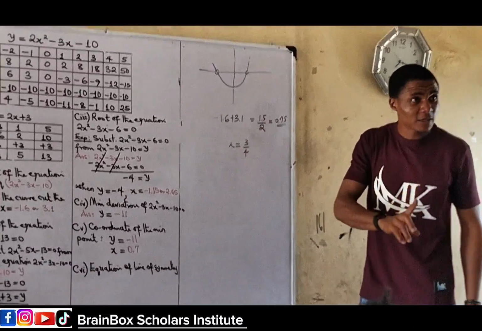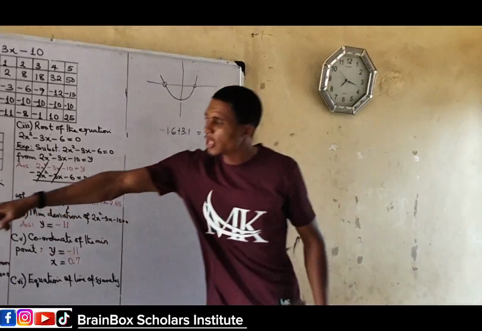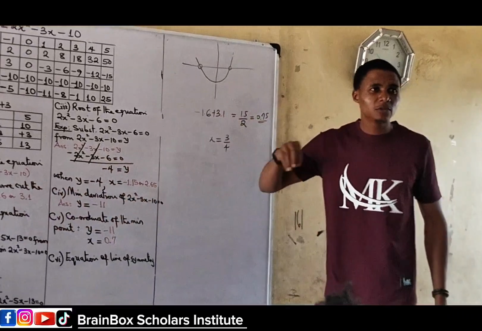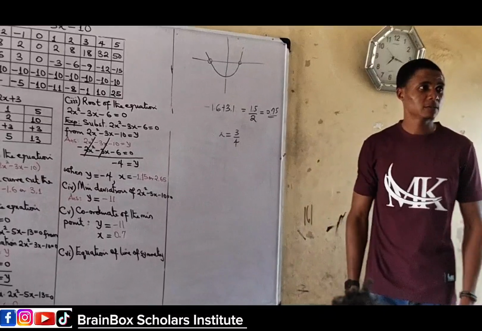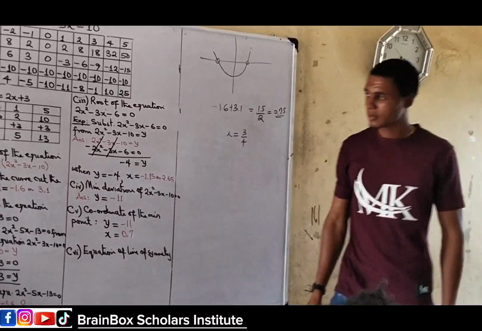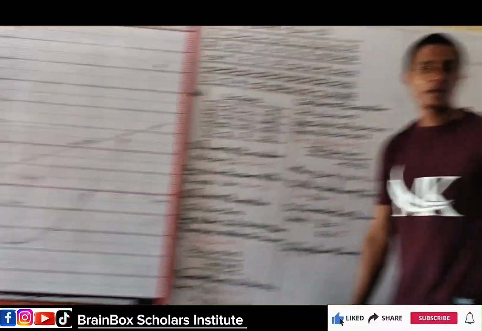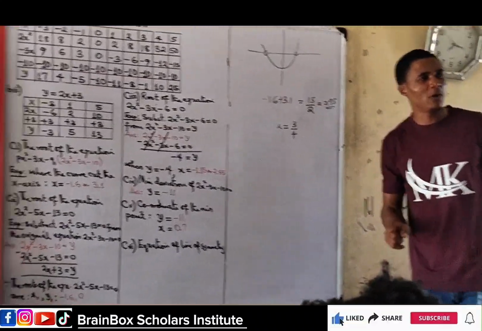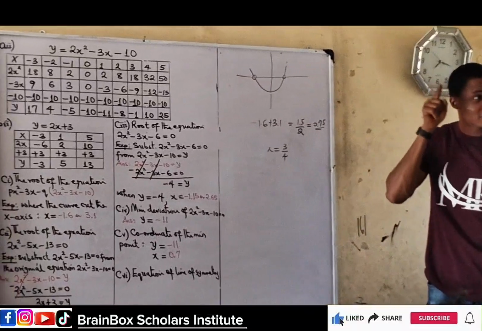My line of symmetry was able to pass through 0.75. Now, check the line I drew. You notice that it actually cut the curve into 2 equal parts. Can you see it? It cut the curve into 2 equal parts. And that's my line of symmetry. That line drawn is the line of symmetry.